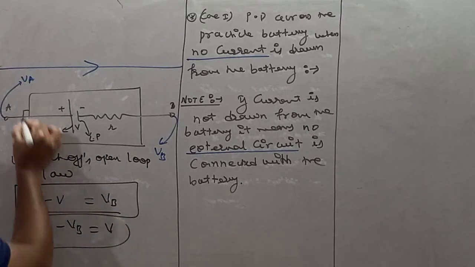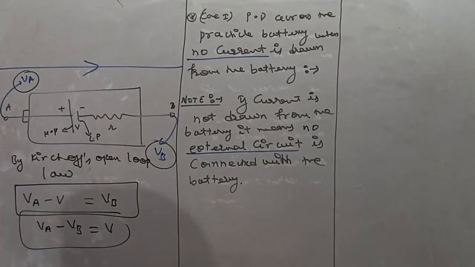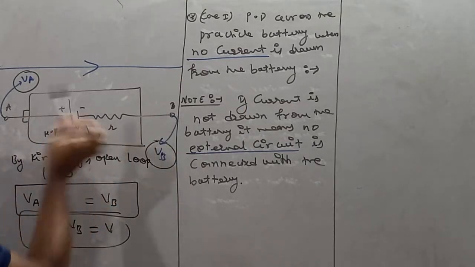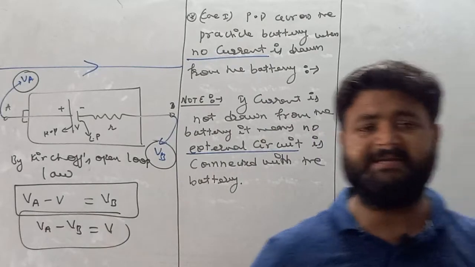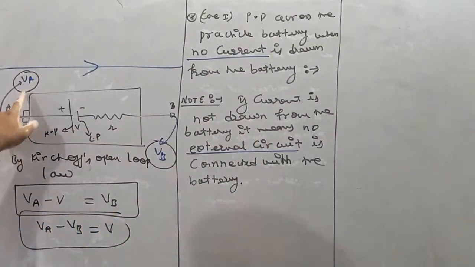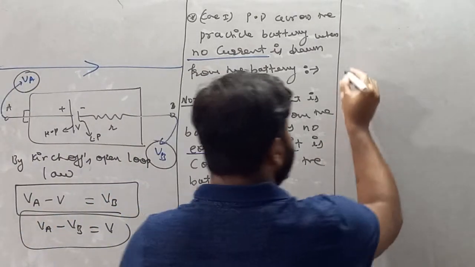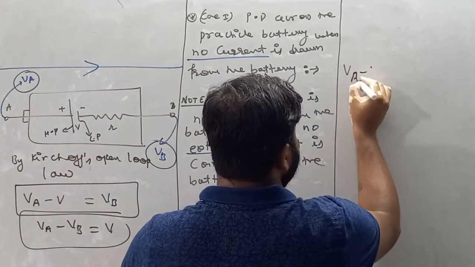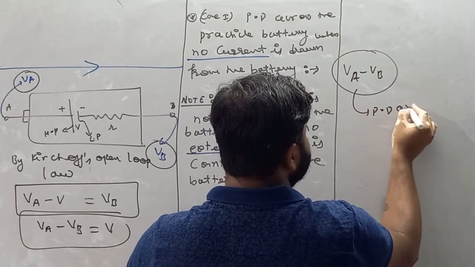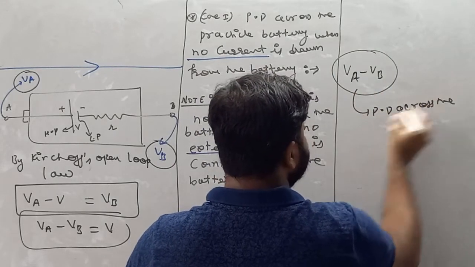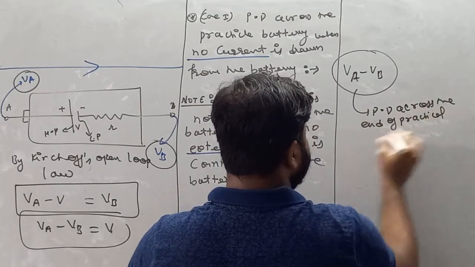Now see, this is the potential of point A and this is the potential of point B. That is the potential across the battery, because this battery has two different ends. One is A, the second is B, and the potential of point A is VA, the potential of point B is VB. So the equation VA minus VB means the potential difference across the ends of a practical battery.